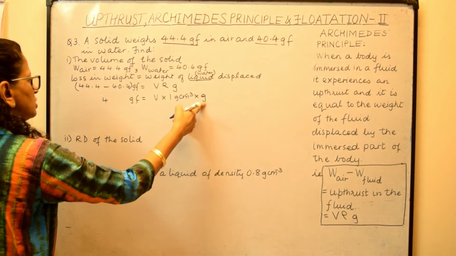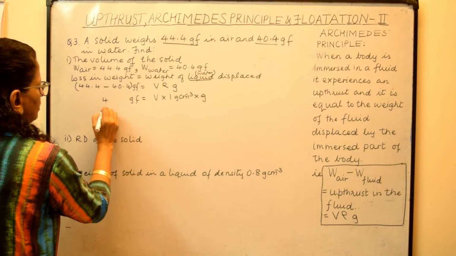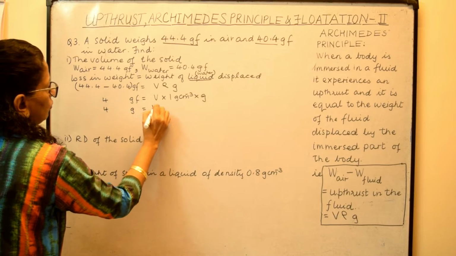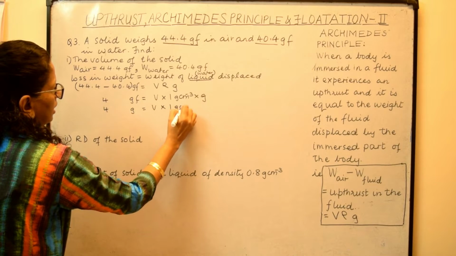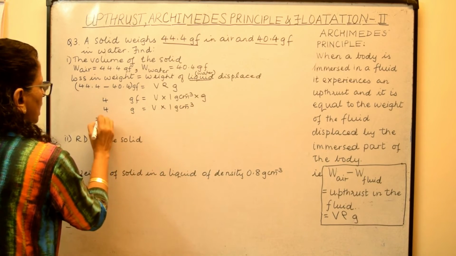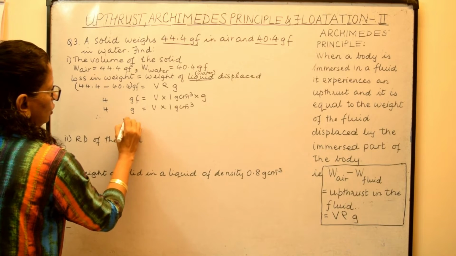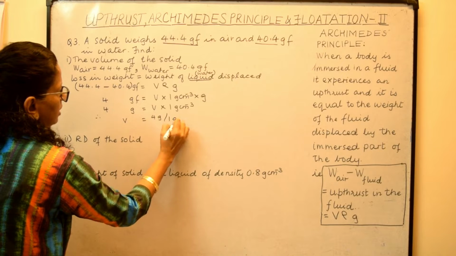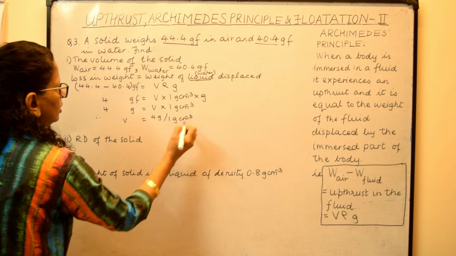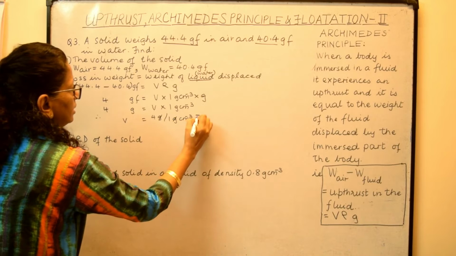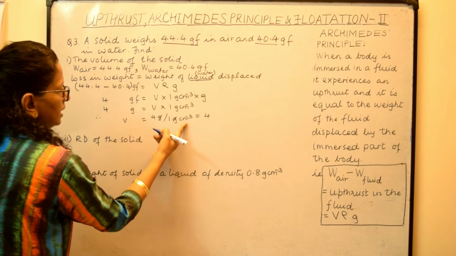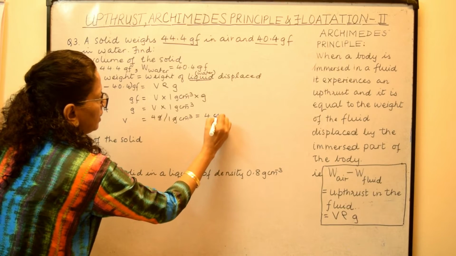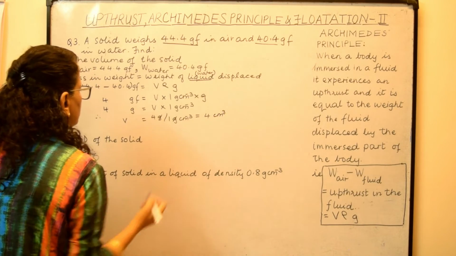Now we'll remove this g, that is gravitational, and it will give us 4 gram is equal to V into 1 gram per centimeter cube, and therefore our volume is going to be 4 gram divided by 1 gram per centimeter cube. Gram gets cancelled and that will give you 4 centimeter to the power minus 3 comes in the numerator and it becomes positive, so centimeter cube.